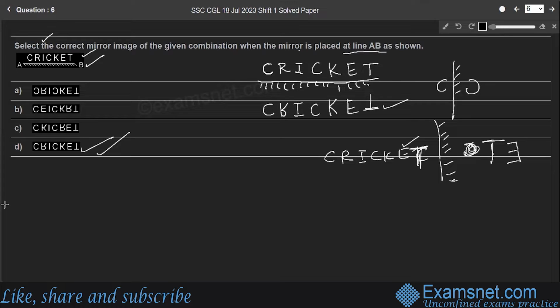Since E is not a symmetrical letter, its image will be different. Mirror image of K will be like this. Whereas here the mirror is placed horizontally, so image of cricket looks like this. So option D is the right answer.